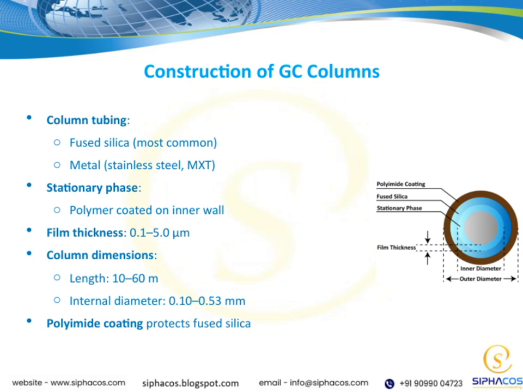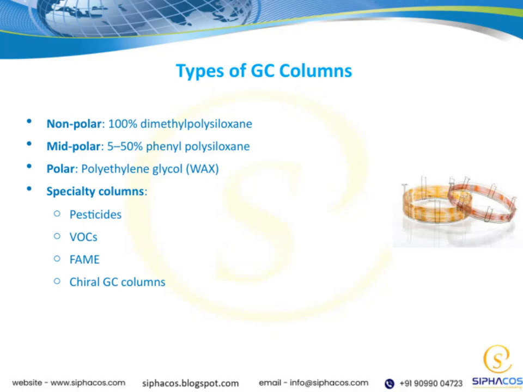This coating helps prevent breakage and makes handling easier, ensuring the column remains reliable throughout its use. All these design choices, materials, dimensions, coatings, are made to optimize the performance of the GC system and ensure accurate, efficient separations.